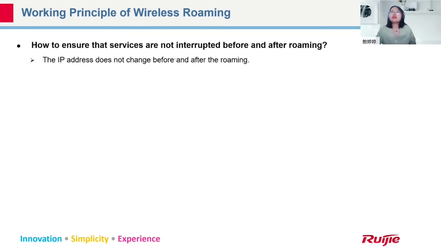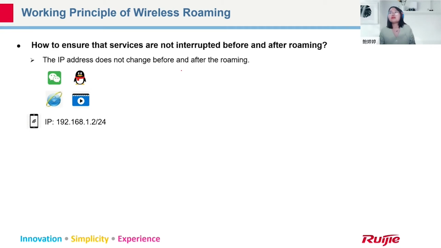And how to ensure the service is not interrupted before and after roaming. The first one, we have to keep the IP address unchanged before and after the roaming. For example, now our phone has an IP address 192.168.1.2/24, and in your phone you open several applications.